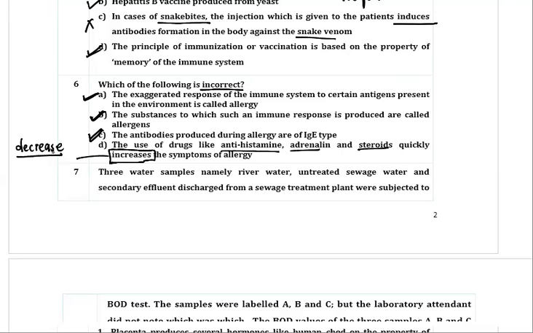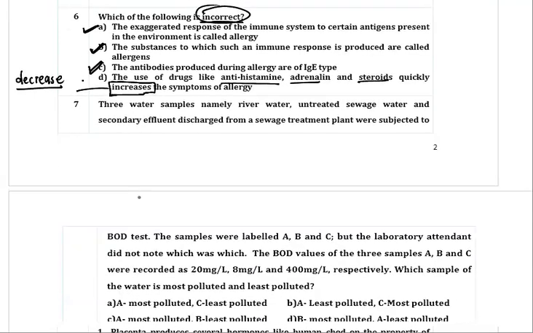Adrenaline, antihistamine, and steroids are the drugs which are used to reduce the allergic symptoms, not to increase them. So here the correct answer is D. Why? Because this is the wrong statement. The rest, first, second, and third, are correct, and in the question, it is asked for the incorrect one. I hope this is clear to you all.